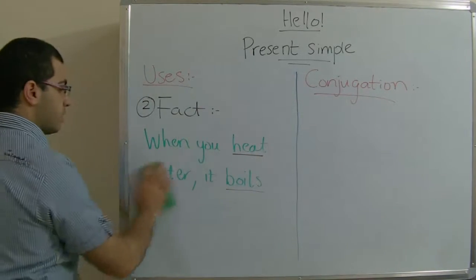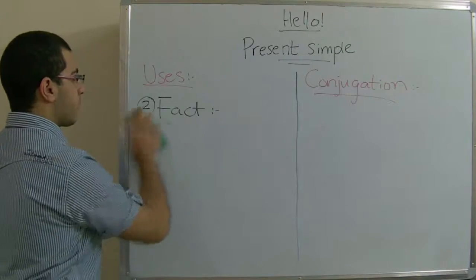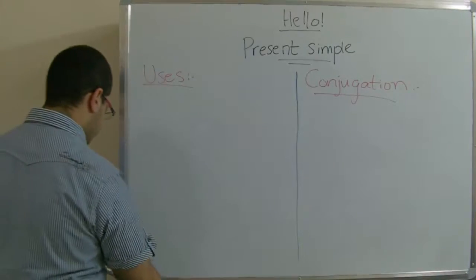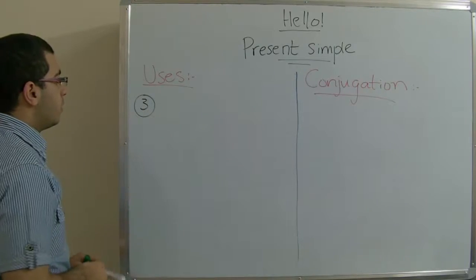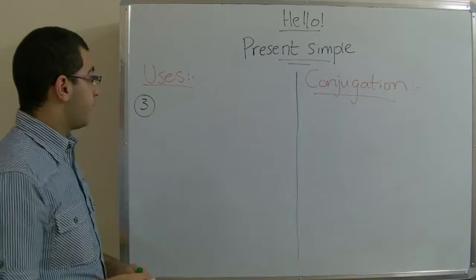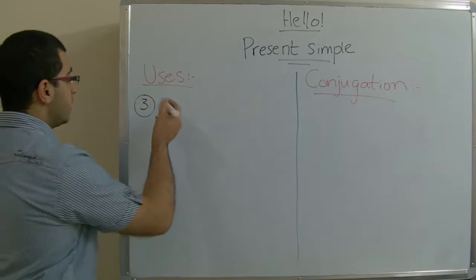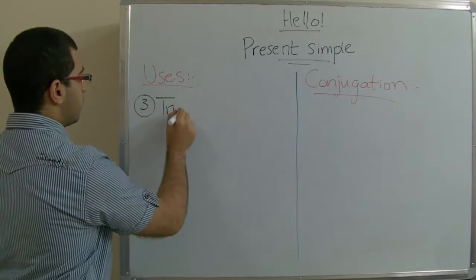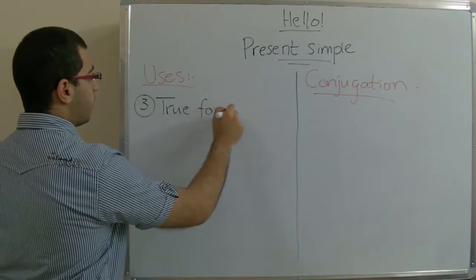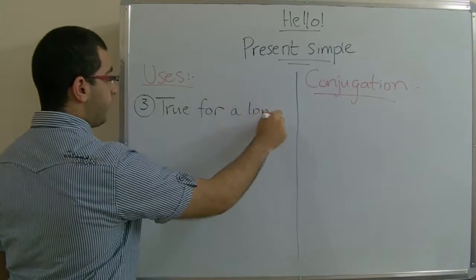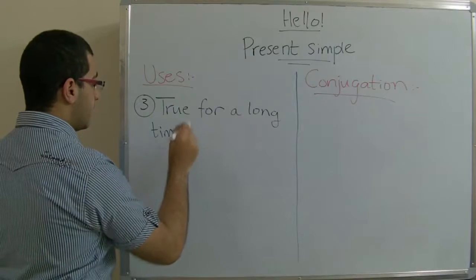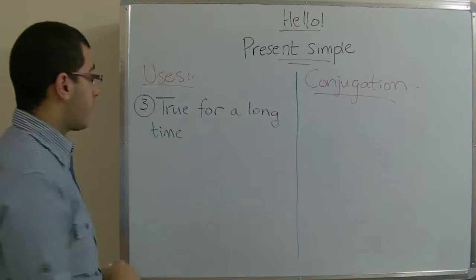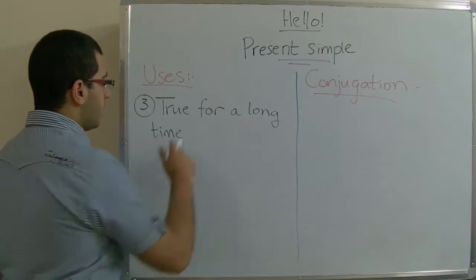The third use is when you are talking about something that is true for a long time and it's still true until now.